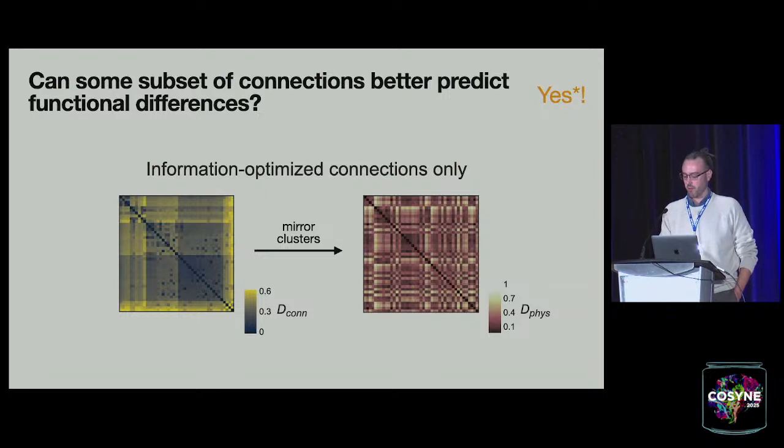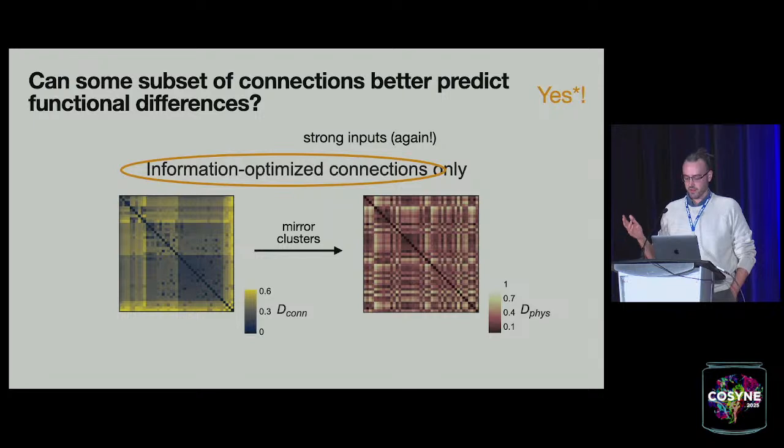However, even in this optimized case, the overall picture is still not particularly impressive, and these results argue that for at least some kinds of functional inference, the connectome alone may never be sufficient. It is also worth noting here, though, that these information-optimized connections turn out once again to be strong inputs, further emphasizing their outsized role in shaping postsynaptic activity.